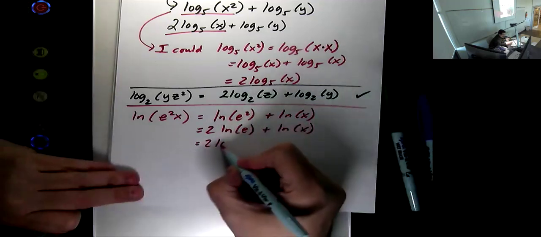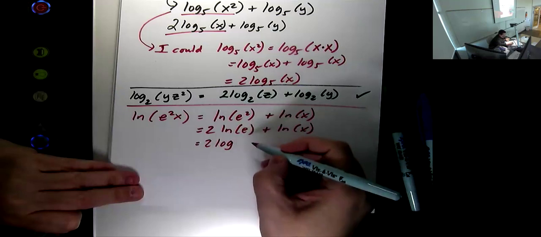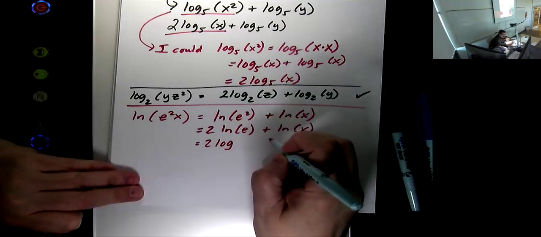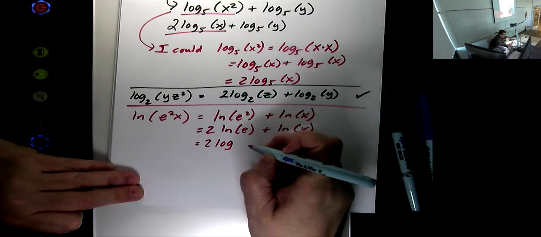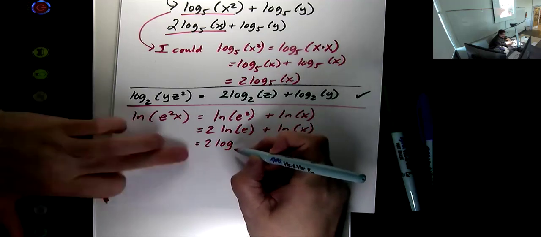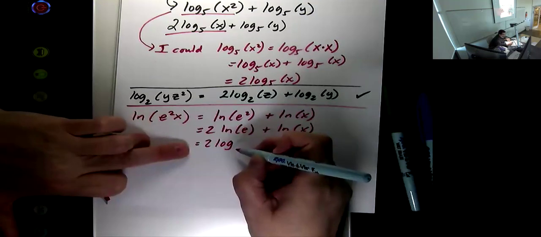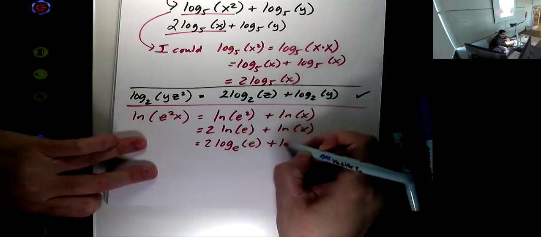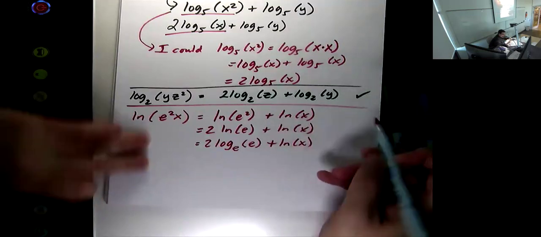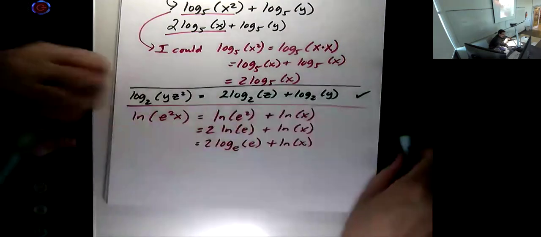But that is, what's ln? What's the base on ln? No. If I just have a log, it'd be base 10. ln is base e. So does anyone know what this value equals?